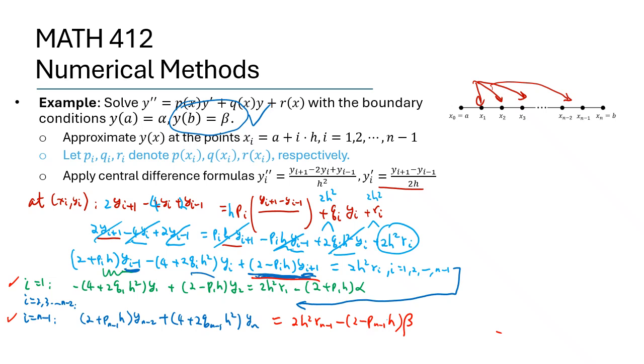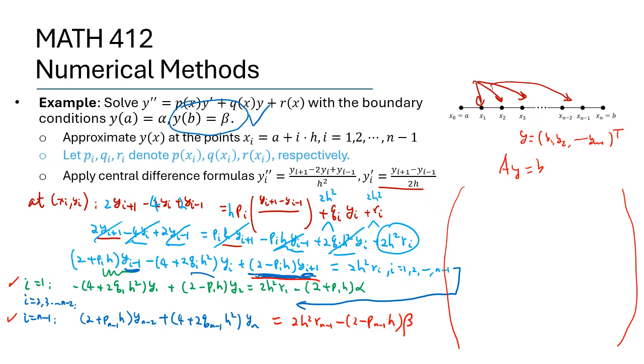So therefore, we'll set up a system with the boundary conditions, with a coefficient matrix like this. We have A y equals b, where y is y1, y2, up to y_{m-1}, transpose. It's a column vector.